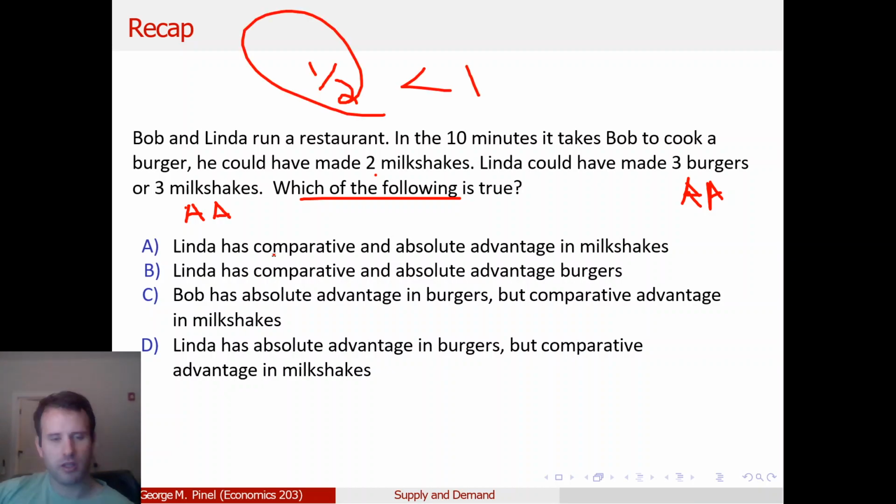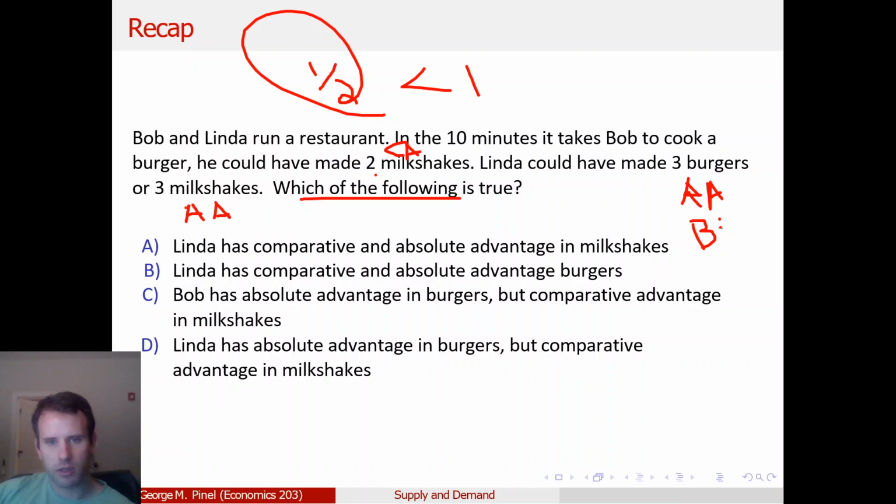So let's find the answer that has Bob with CA in milkshakes and Linda in burgers. Let's just say CA for comparative advantage. I don't know what BA is.